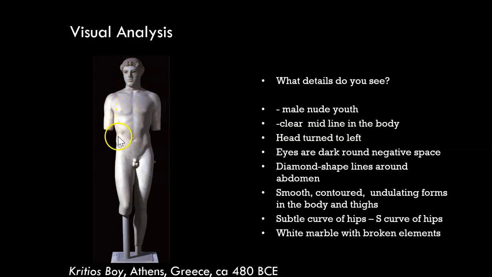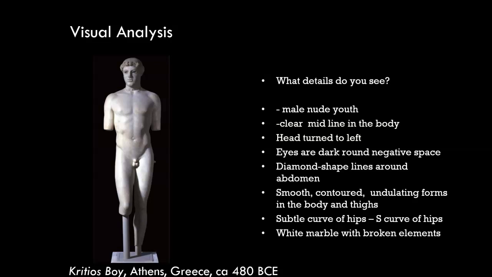I see diamond-shaped lines and form around the abdomen. I see smooth, contoured, undulating forms in the body and the thighs. I see a subtle S curve of the hips. And I see that it is created of this white marble that has broken elements.